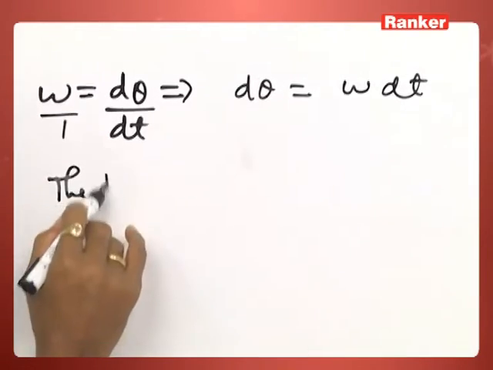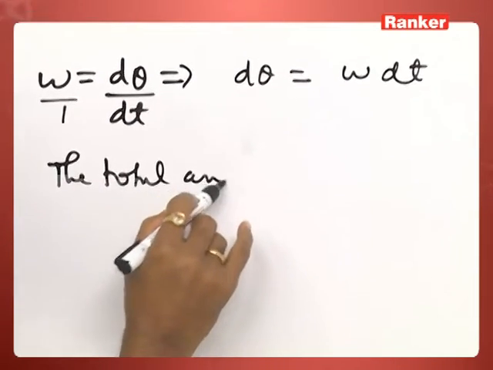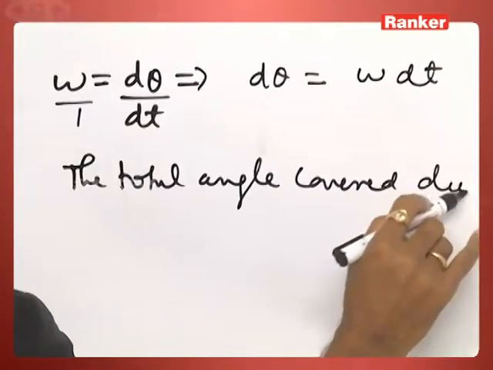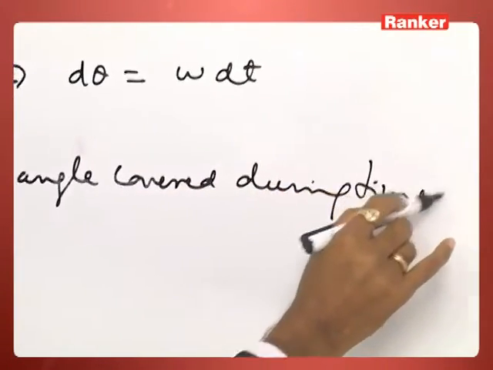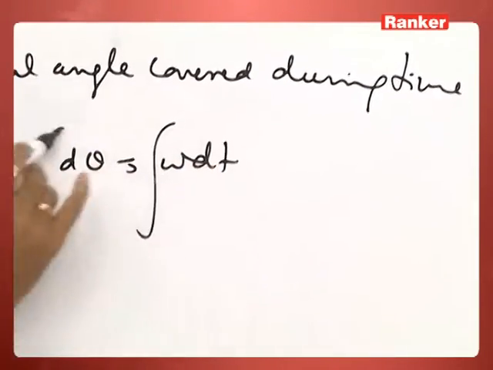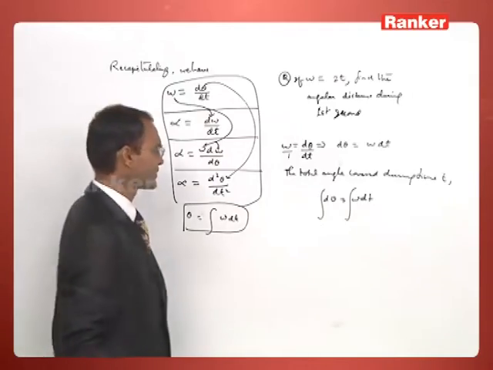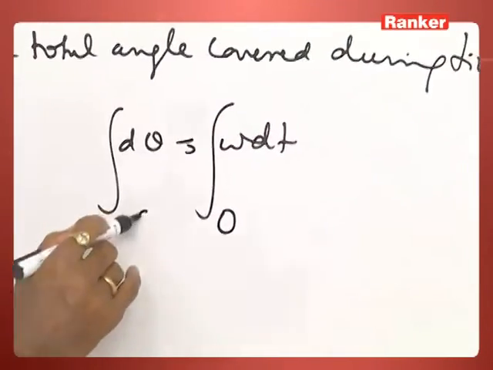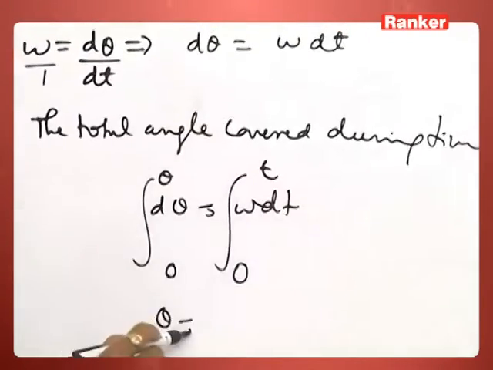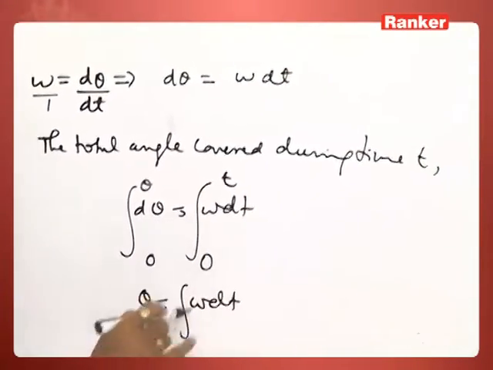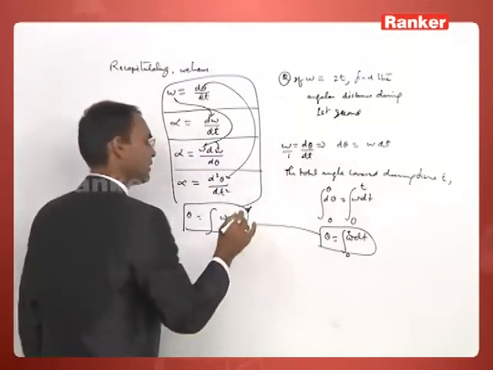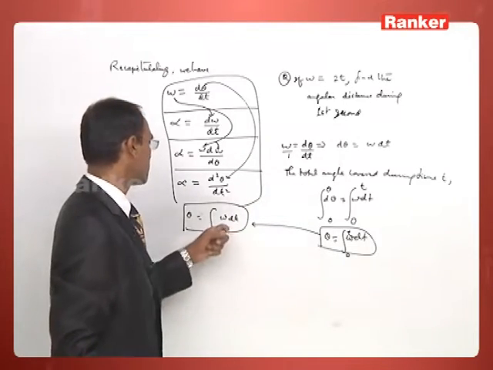So, the total angle covered during time t can be calculated by integrating both sides. At time t equal to 0, let us assume that theta is 0. At time t, you will get the angle theta. So, theta can be written as integral of omega dt from 0 to t. This is the derivation of this formula.